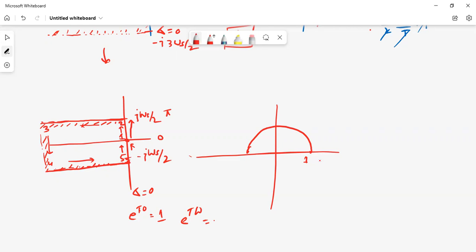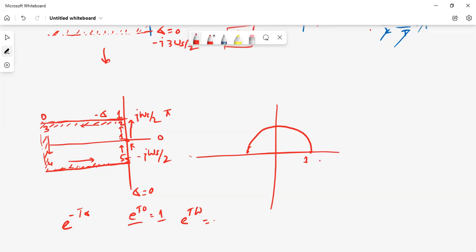Now from pi, what is increasing? Your sigma value is increasing, and it is negative as well. A negative increase in sigma makes your magnitude e to the power minus tau sigma more and more small. The magnitude was 1, and gradually at infinity e to the power minus infinity becomes 0.